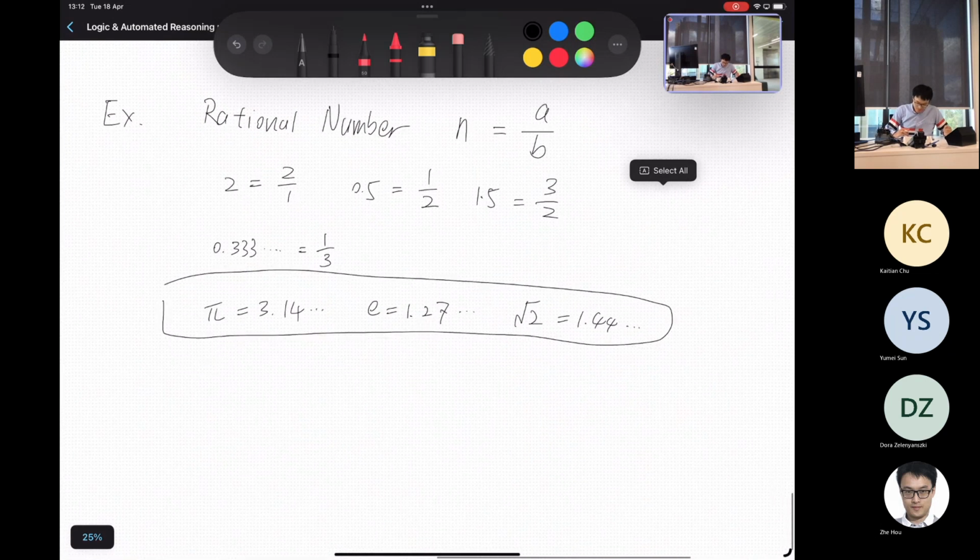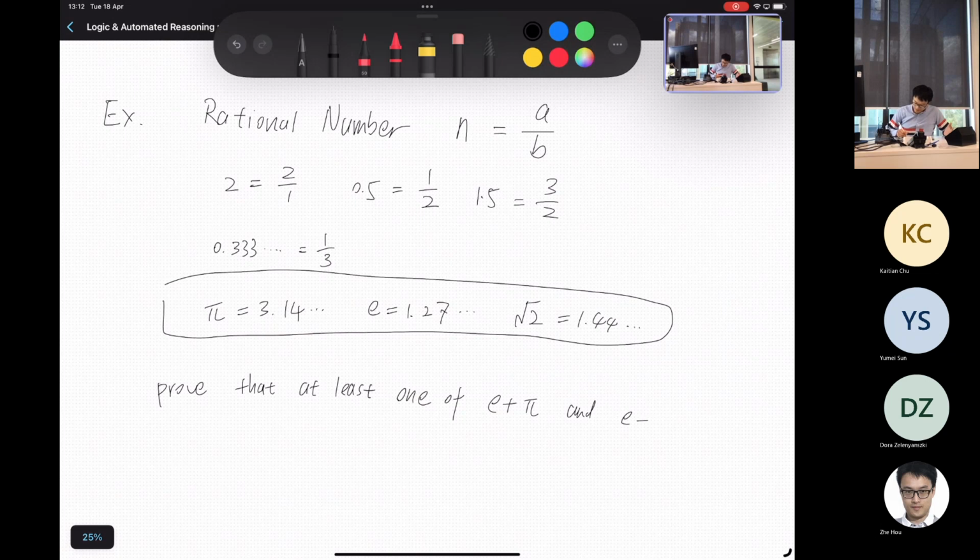Okay. So the first proof that we've got: the task is to prove that at least one of e plus pi and e minus pi is irrational.